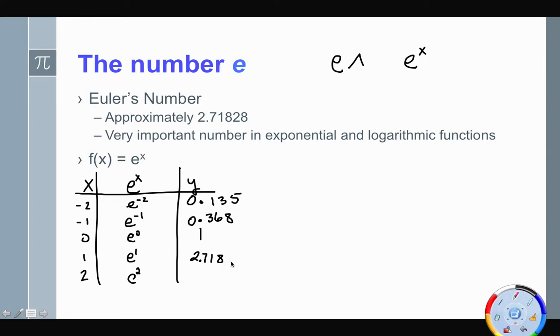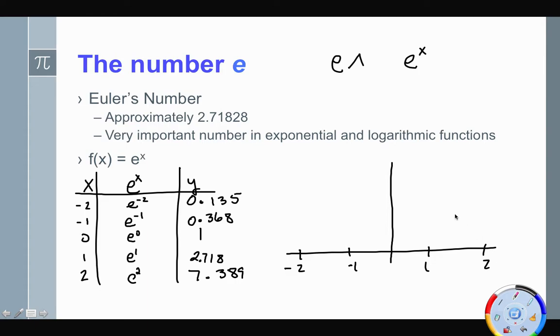And then e squared is going to be 7.389. Now, graphically, this should look exactly like our other exponential functions, where we know e is bigger than 1, and therefore it's going to be a growth. So it's a growing exponential function, or an exponential growth.